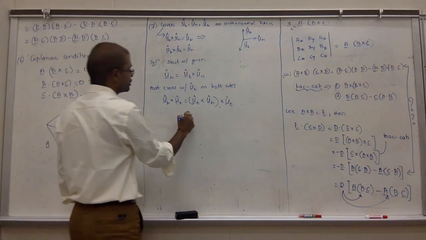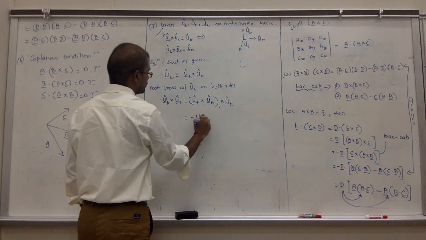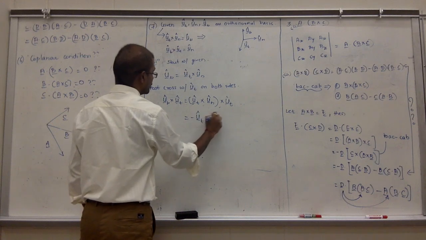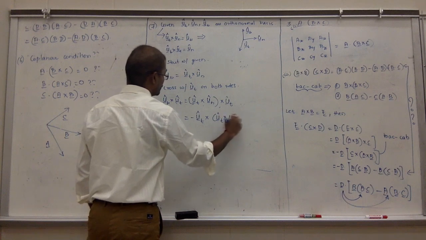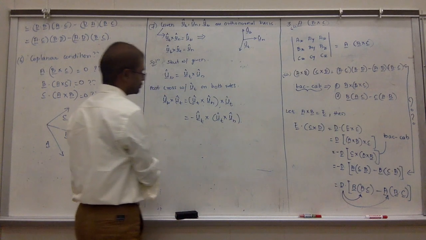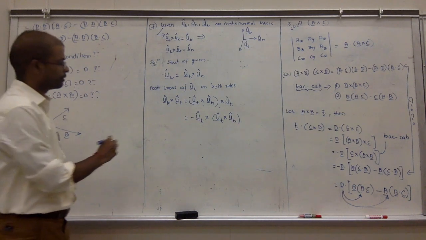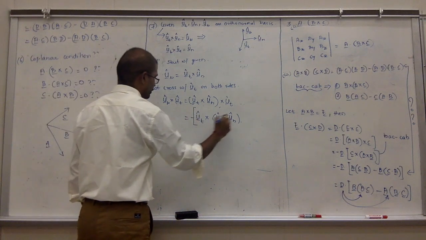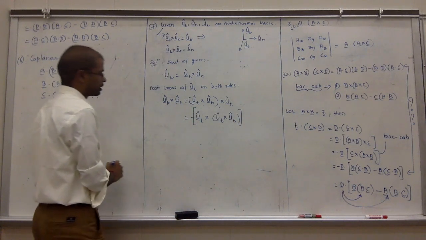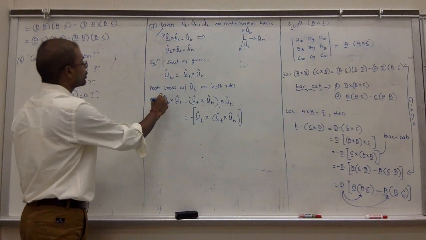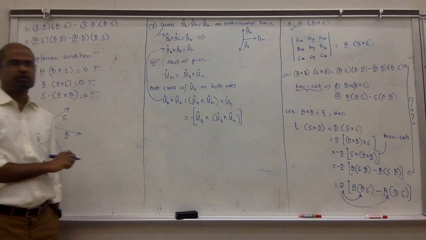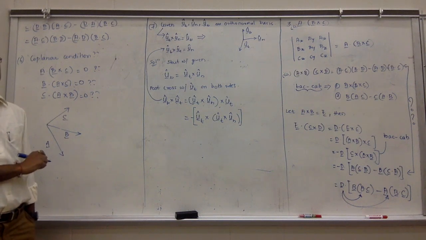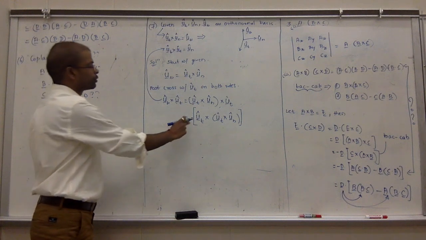Now this is equal to minus UT crossed with the quantity UT crossed with UN. Now change the order and use the minus sign. I have already started with the left hand side, and the left hand side is already done. All you need to do now is prove that this is UN.